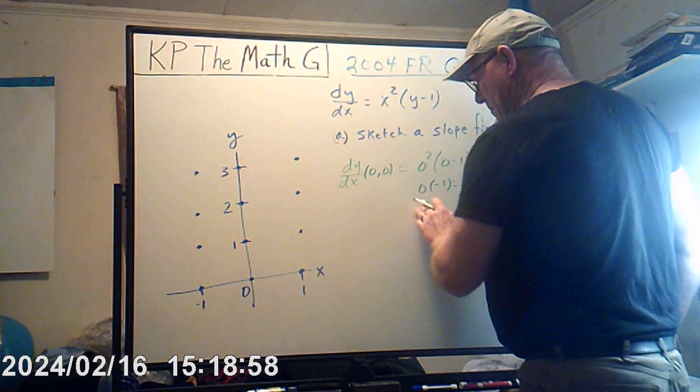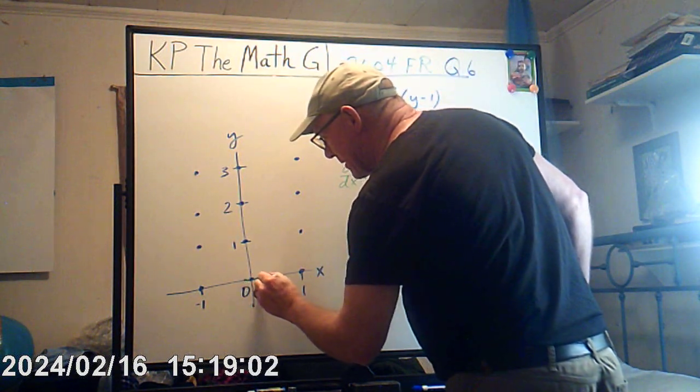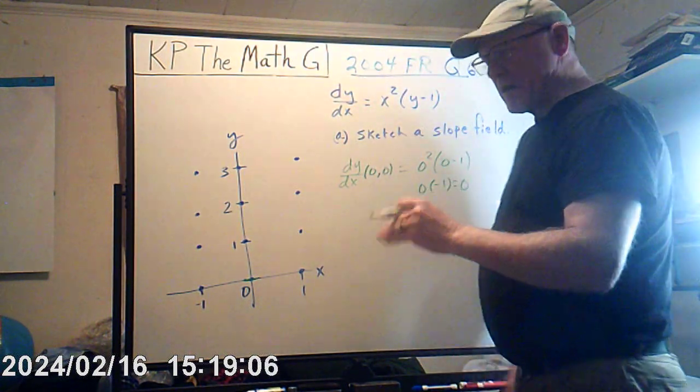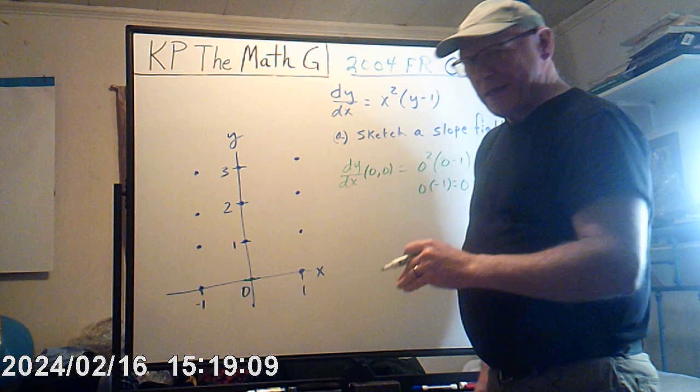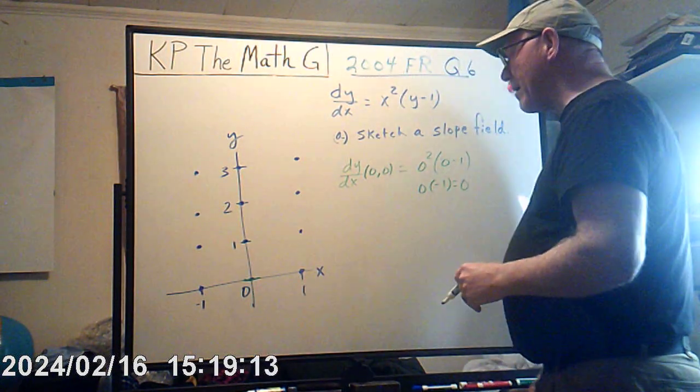It seems to me that that is 0 right there. It is, and we're just going to make a flat. Now remember, 0 has a horizontal slant, isn't it? So we're going to put a horizontal slant right there.